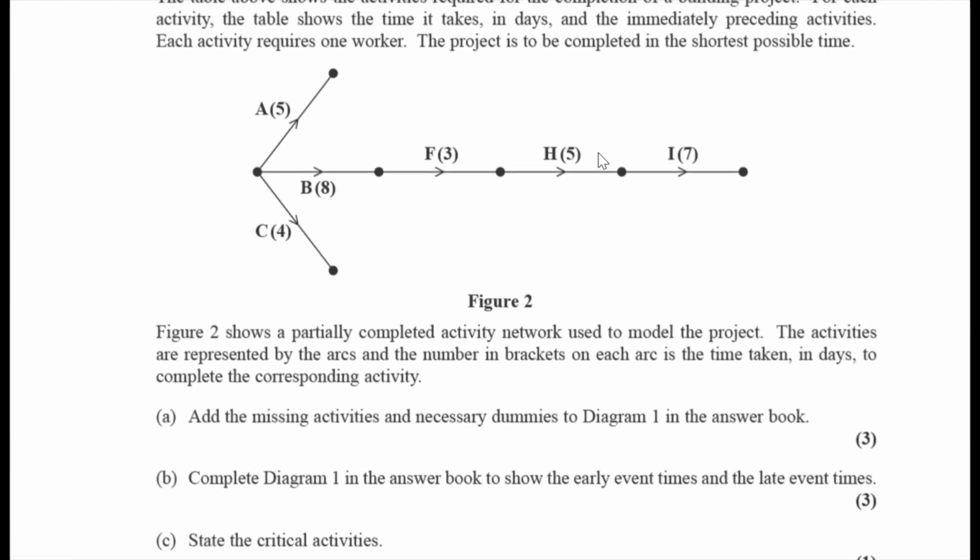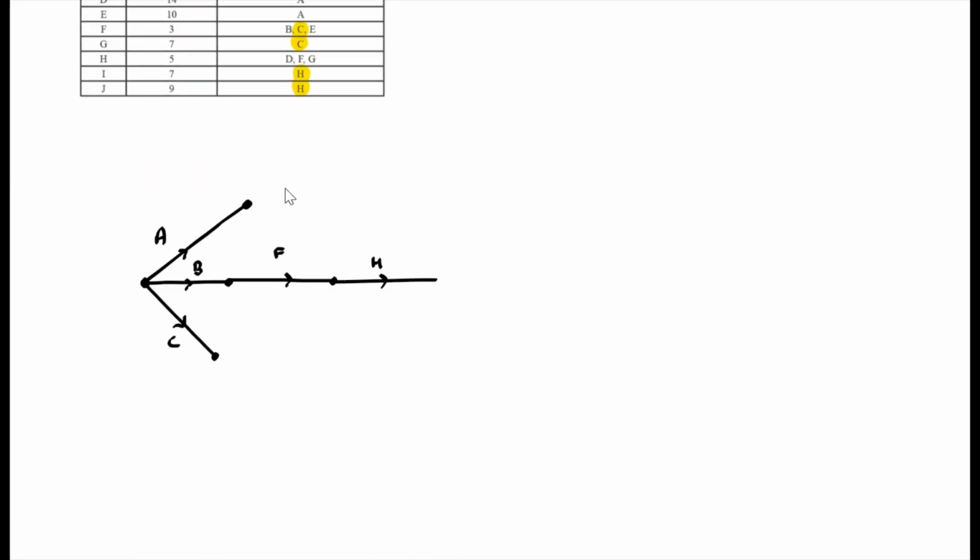So if we say that F is completed, D depends on A and H depends on D. So if we say H starts from here, let's go across here to H. Obviously that's in line with what we have over here. We have D, which needs to be completed before we start H, and D depends on the completion of A. So let's connect these two together. So this over here would be D.